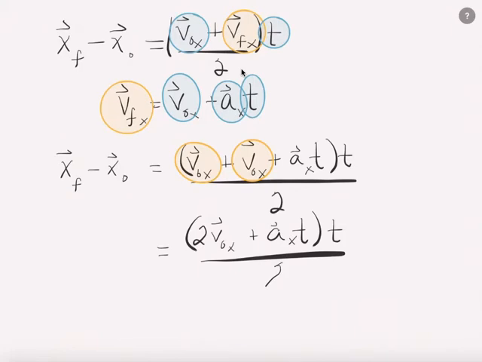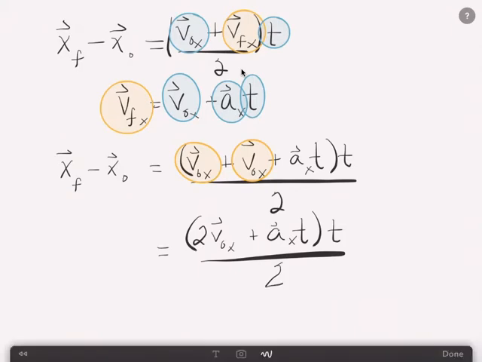So let's do our distributive property here. We're going to multiply t times this quantity and t times this quantity. So we get 2 v initial in the x direction times t plus a sub x times t squared all over 2.